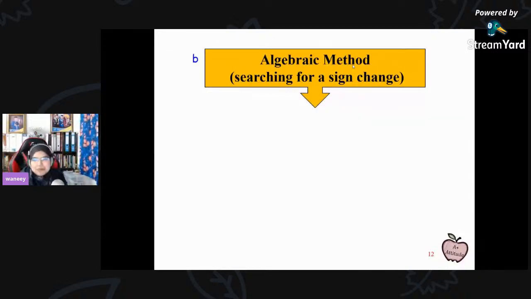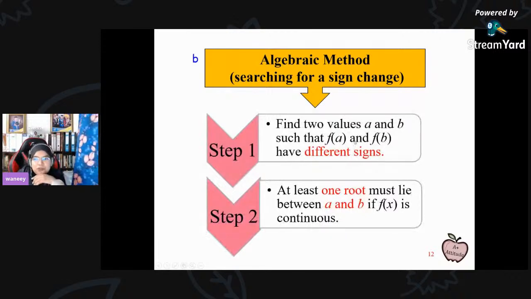Okay, so now let's see. Find two values A and B such that f(A) and f(B) have different signs. So either f(A) is greater than 0 and f(B) is less than 0, or we are looking for f(A) less than 0 and f(B) greater than 0.